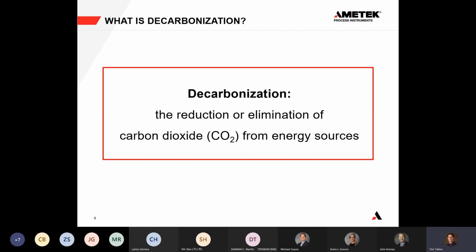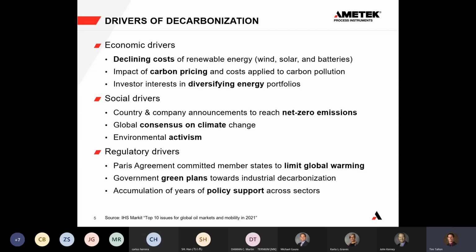And there's a lot of drivers behind decarbonization, and those key drivers span economic to social to regulatory dimensions. From the economic perspective, there are decreasing costs in the technologies for renewable energy. And there are also a number of initiatives that facilitate the use of renewable energy, including wind, solar, or battery power.